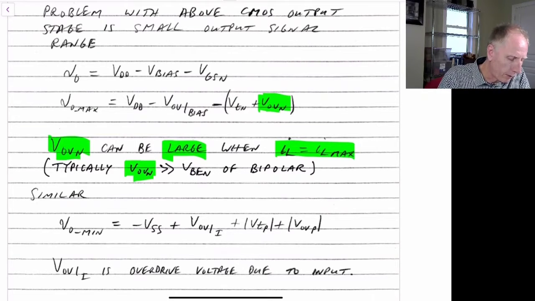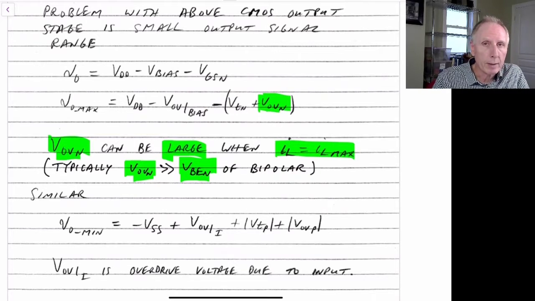Well, no, because the V overdrive of an NMOS transistor can be very large and typically much larger than the base emitter voltage of any bipolar transistors. Because we have an exponential relationship in bipolar transistors, typically the base emitter voltage is 0.7 volts. It might go up to 0.72 or something, or 0.73, but it doesn't get very large. Certainly doesn't go above 0.8 volts.